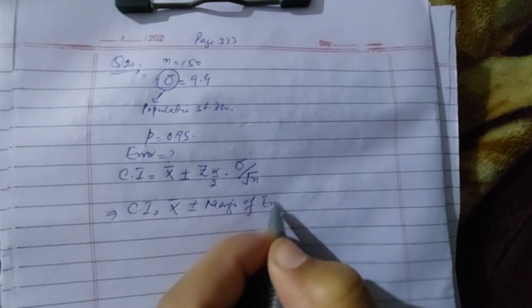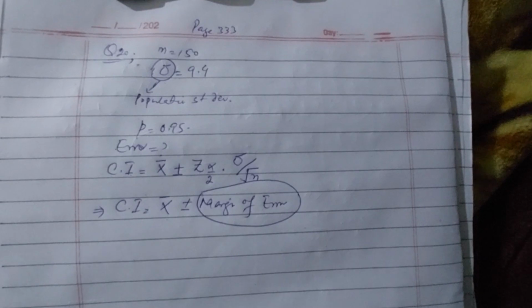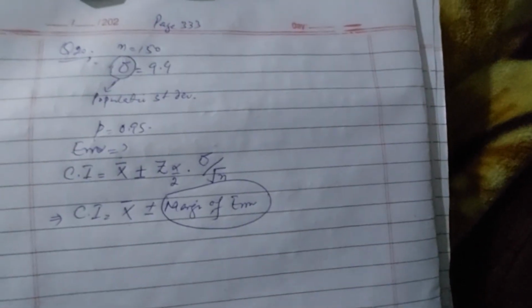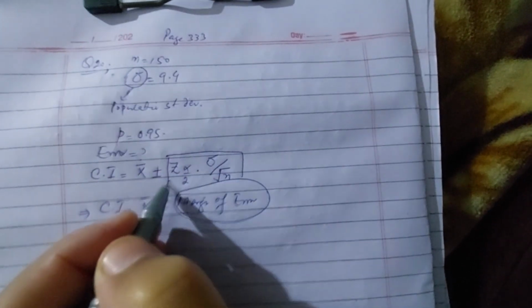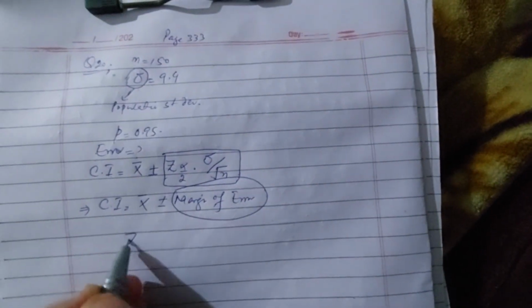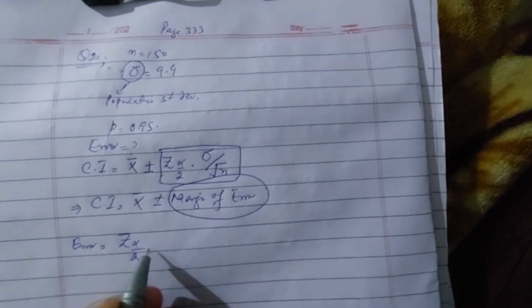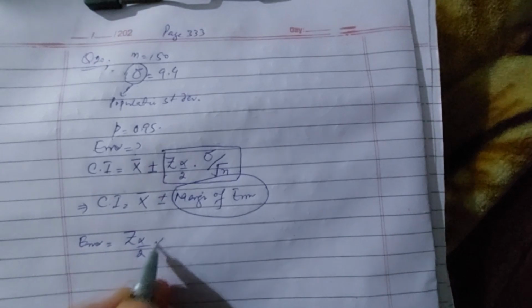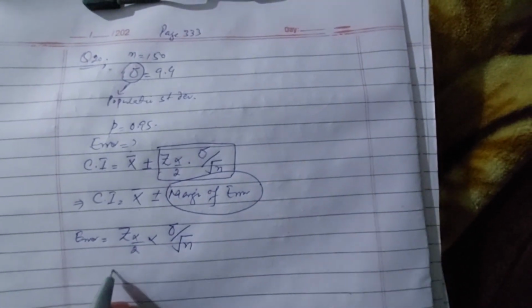We are interested in this part only, so the error is equal to z of alpha by 2 multiplied by standard deviation of population divided by under root n.